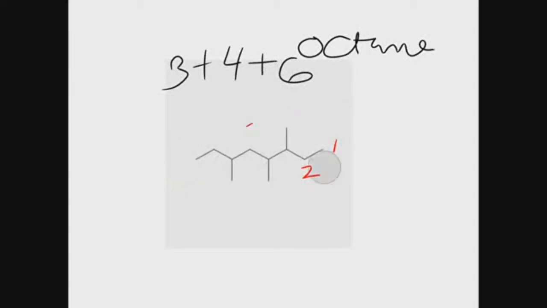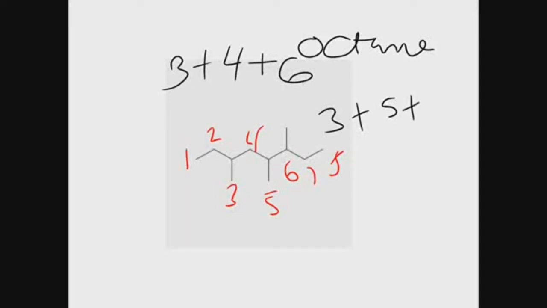So let's start counting from the other side. We have 1, 2, 3, 4, 5, 6, 7, 8. So this time around we have the groups at carbon 3 as usual, but when it comes to this part, it's no longer 4, it's 5. Then finally also at 6.